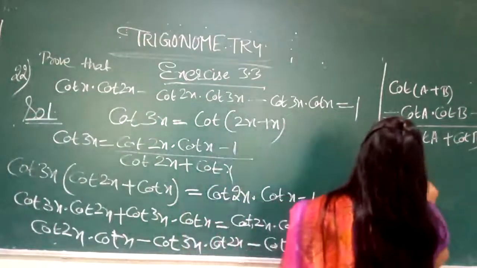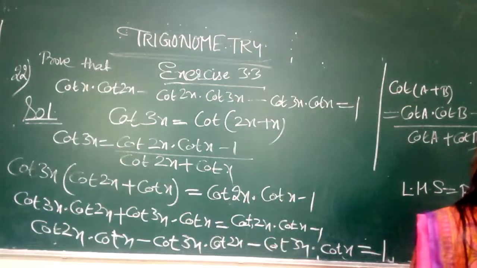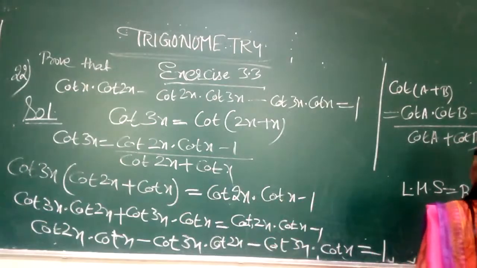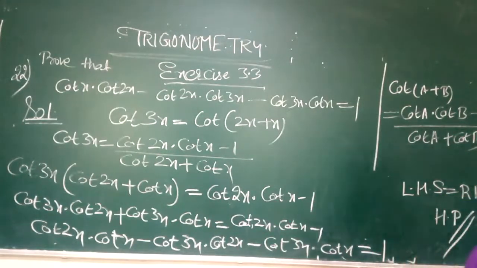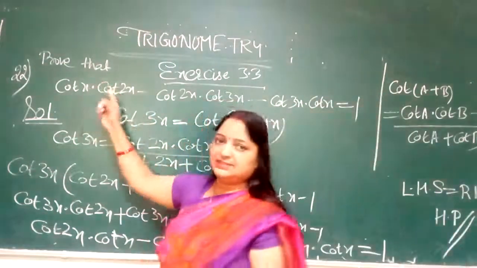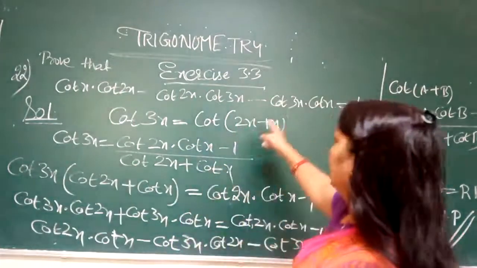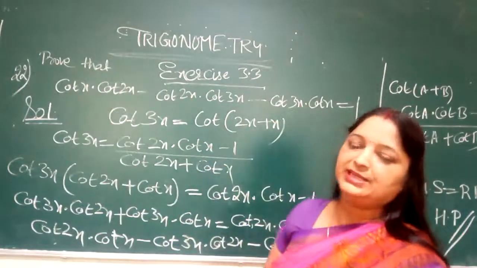So hence left hand side is equal to right hand side. So hence proved. This is the solution of question number 22. In this way you can find one more question according to tan x: tan x into tan 2x minus tan 2x into tan 3x and tan 3x into tan x is equal to 1.